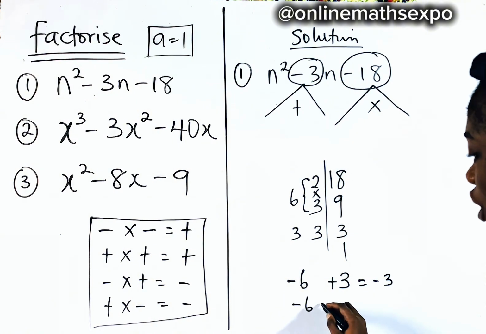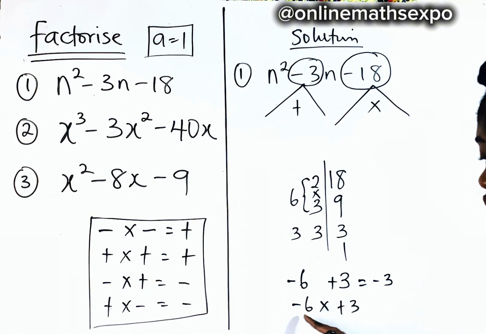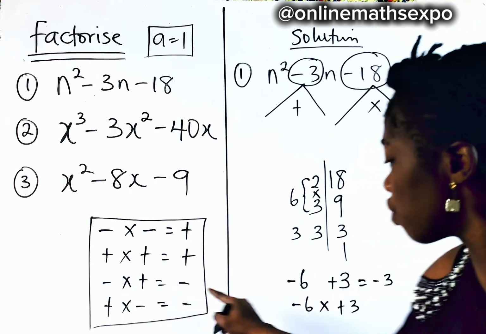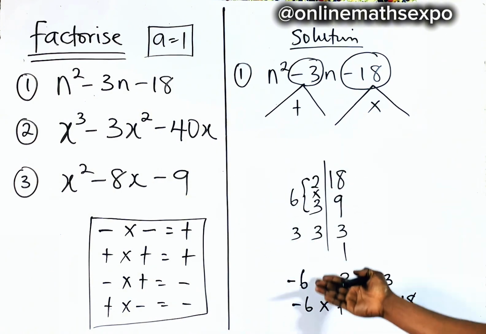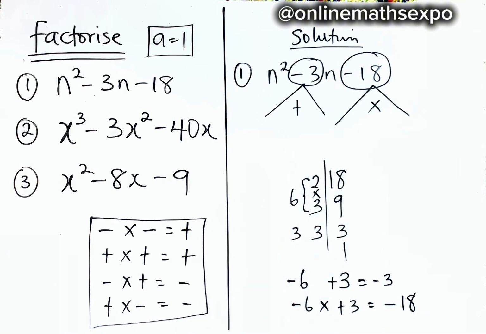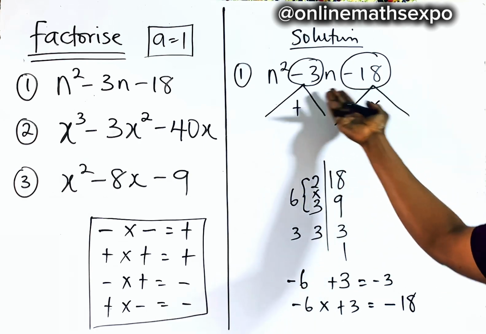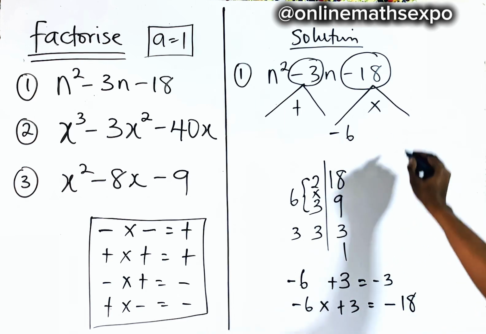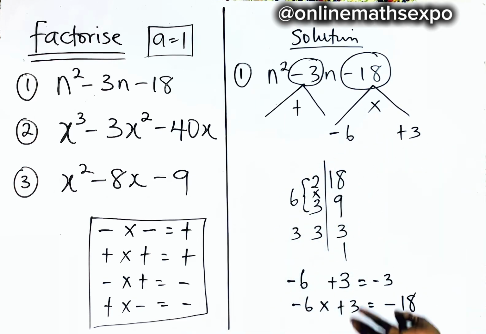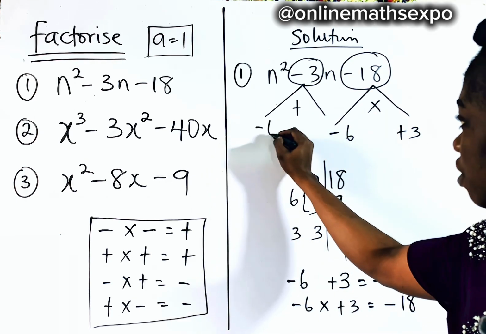And when you also multiply these two, negative multiplies positive gives you negative. When you multiply 6 and 3, it gives you negative 18. So you see the easiest way to go about the factors. So the numbers that will satisfy this are negative 6 and positive 3. So easy.